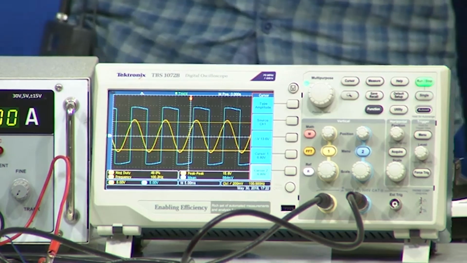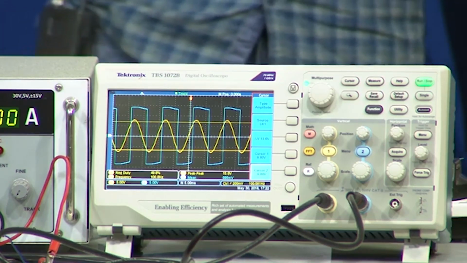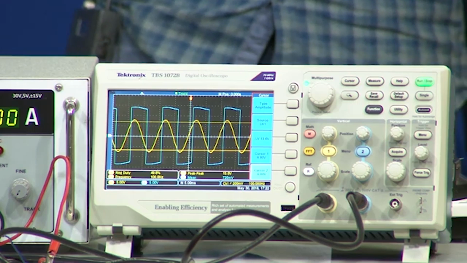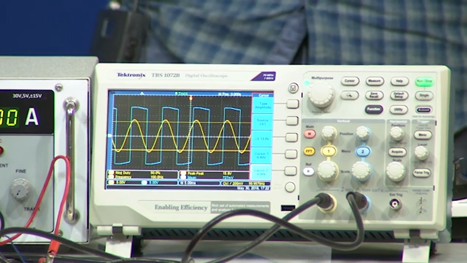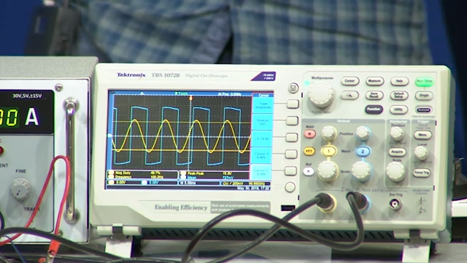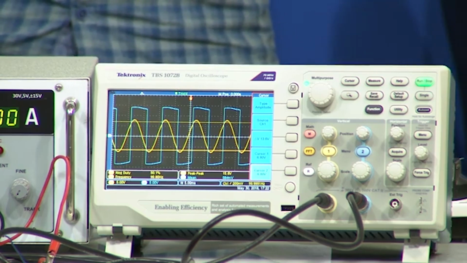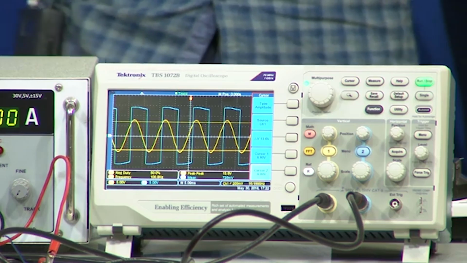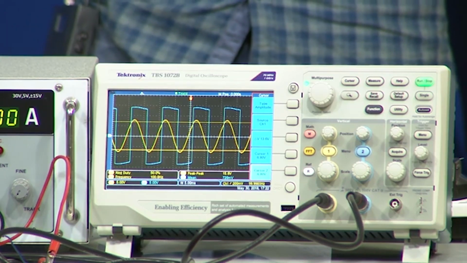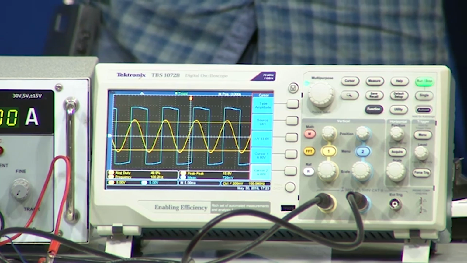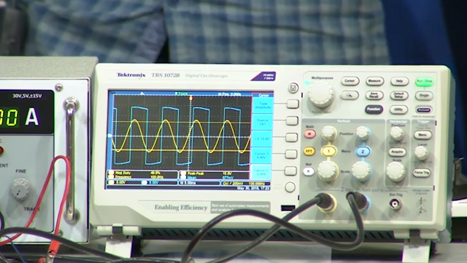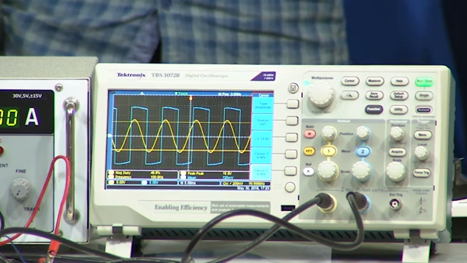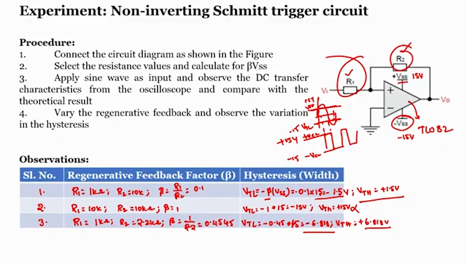But in a realistic way, how do we understand where we use this particular circuit? Why do we not consider the same example we have discussed? Consider a water heater, right. In day to day life we always use the water heater. Now, I want to switch on the water heater only when the temperature is lower than 50 degrees, but when the water temperature is greater than 70 degrees, I have to switch it off.